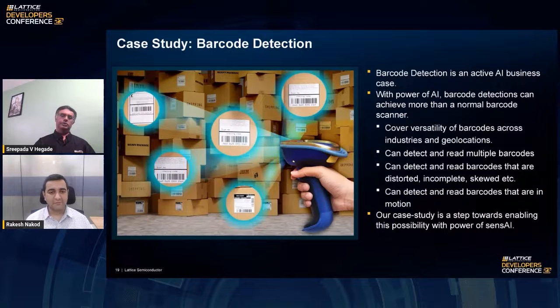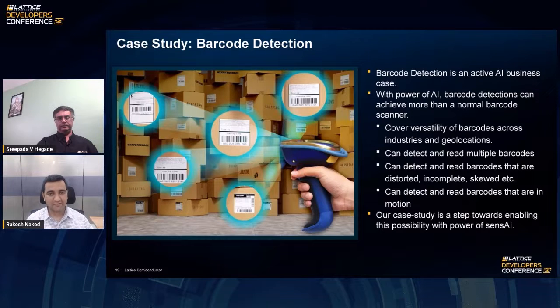As everyone knows, barcode detection is basically an application where everyone is aware of a barcode reader scanner, on which you pass a barcode and it reads the values from the barcode. Though it looks like a very simple case of handheld devices and some tabletop setups reading the barcode, they can do much more when we club them with AI.